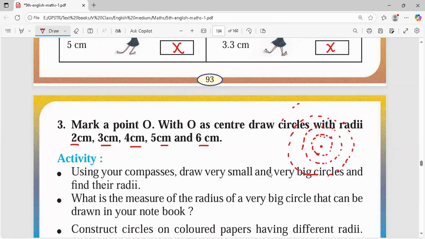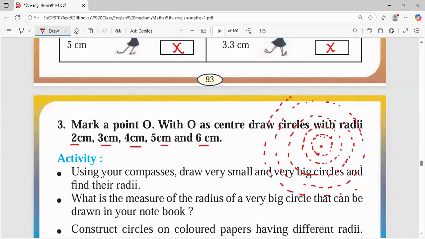Next, 5 centimeter. Next, this is 6 centimeter.